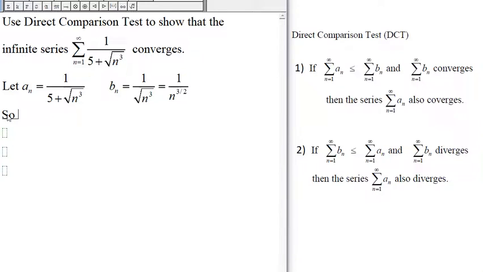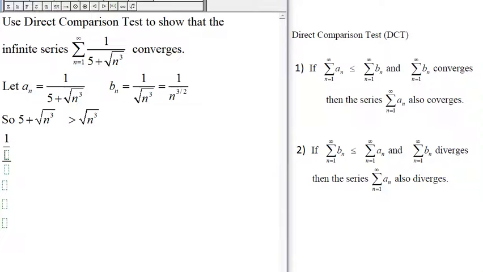So we have 5 plus the square root of n to the third. This is greater than the square root of n to the third. And if we take the reciprocal of the left side and the right side, then we have to reverse the inequality sign.